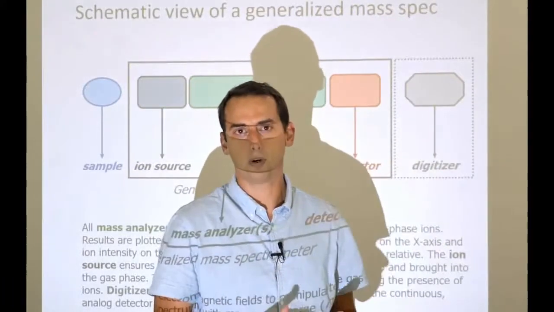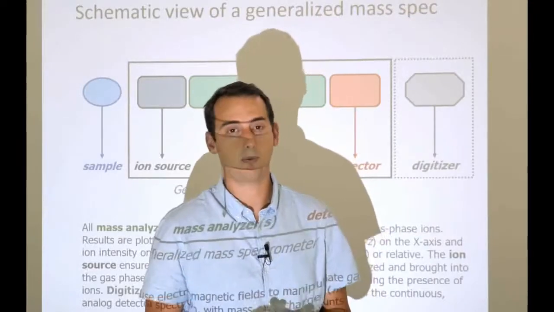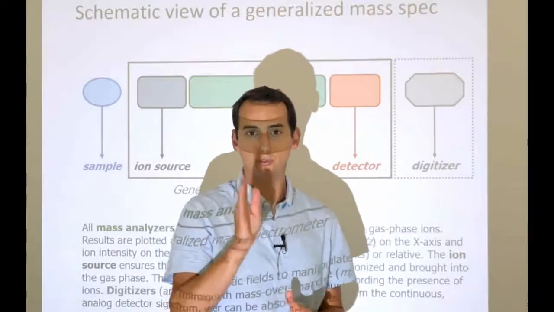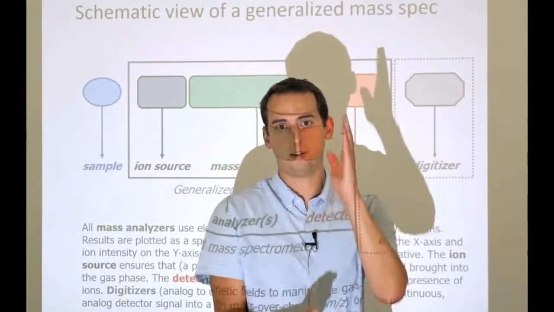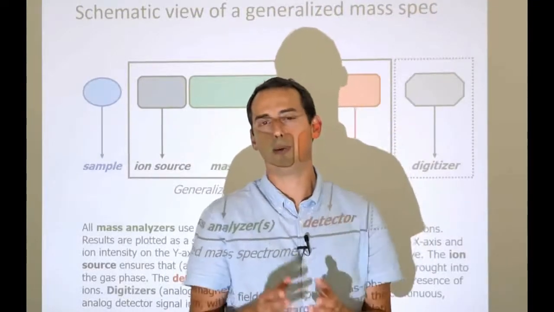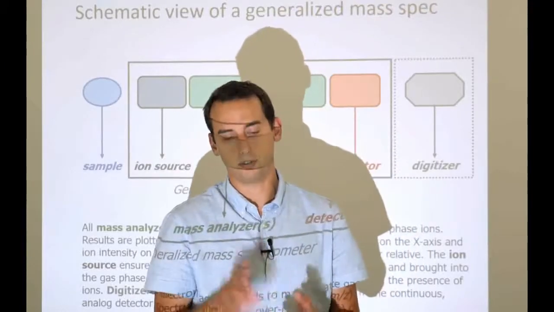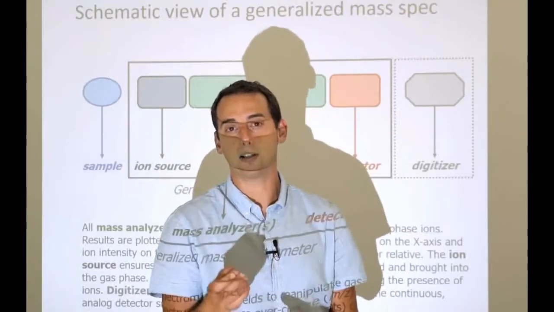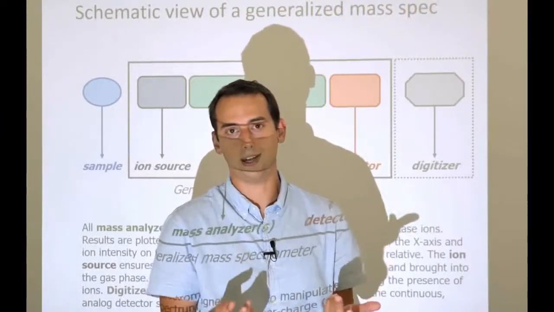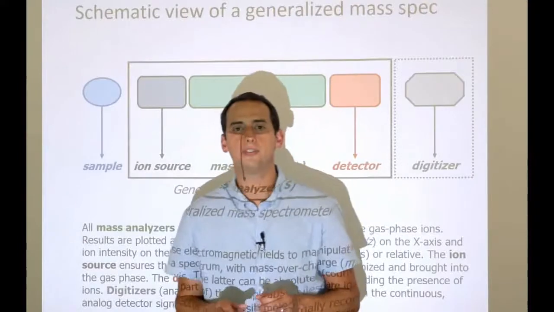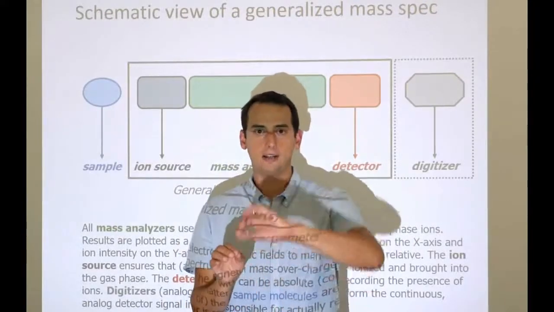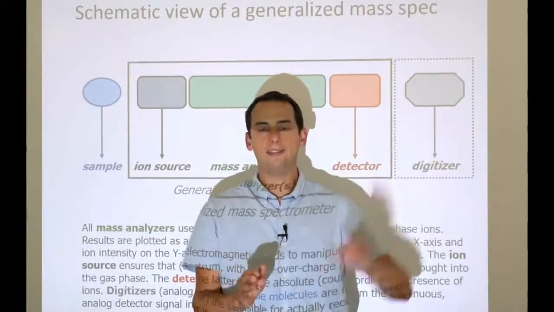But it's very hard to work with continuous signals. Instead, what we would like to work with is a discrete signal. We want to say at a given time point we have this much, at another time point we have this much. And what we need to work with digital signals or discrete signals is an analog to digital converter, or ADC. And essentially what these things do, just to make it very simple to understand, is they take an analog continuous signal and they sample it.